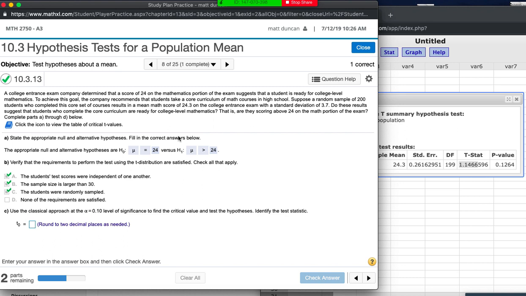Therefore, there was enough evidence to support the alternative. If your p-value is above your alpha, then you simply fail to reject the null and you don't have enough evidence to support the alternative. But that last piece is always in terms of the alternative.